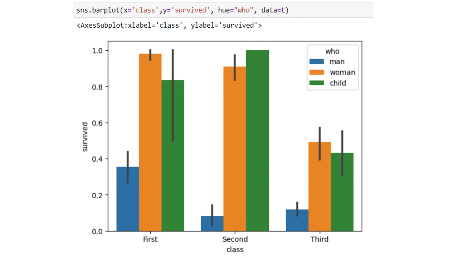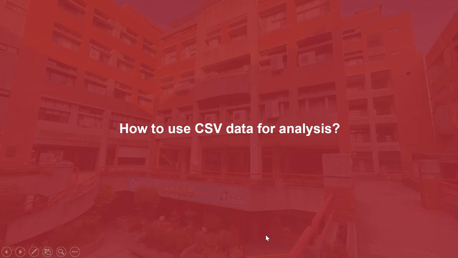Normally we would think that if you are in first class, you have a higher percentage to survive the Titanic, and if you are in second class, you will have a higher percentage to survive than third class. But actually, you can see these figures.